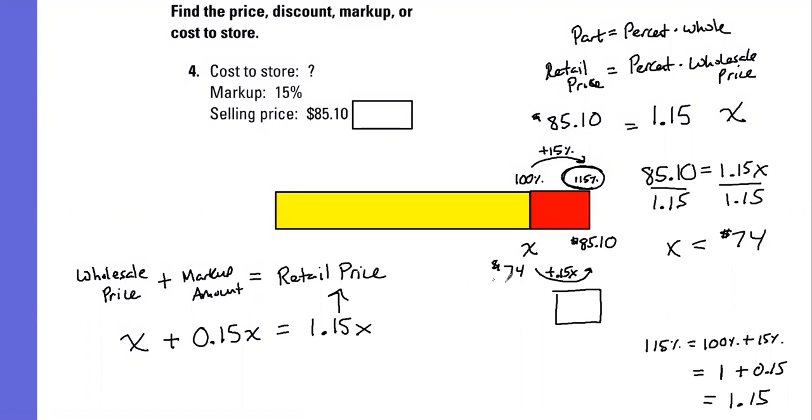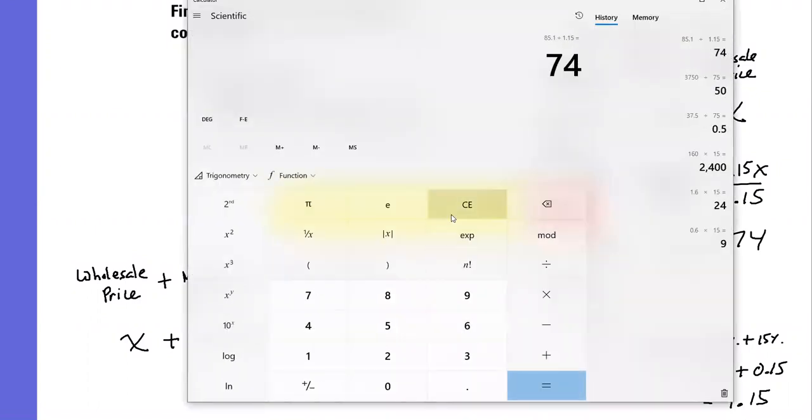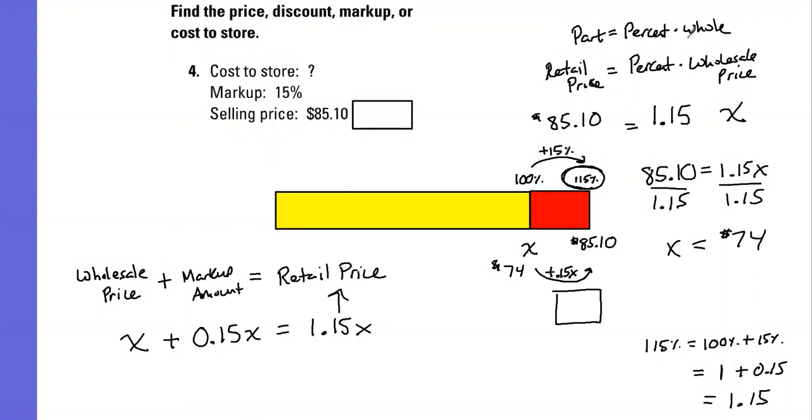So now that we have this answer, let's see if this makes sense. If I am starting at $74 and I mark this up by 15%, so let's take 15% of 74. This is just a great way to check your answer here. So 15% of the 74 gives me $11.10. So that's my markup amount.